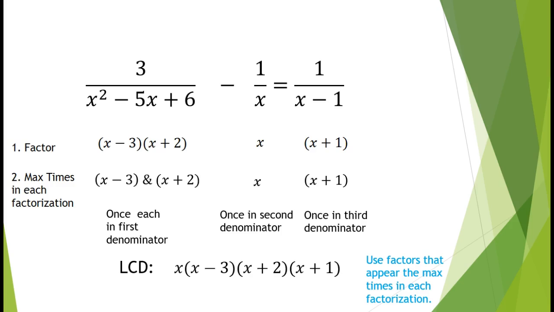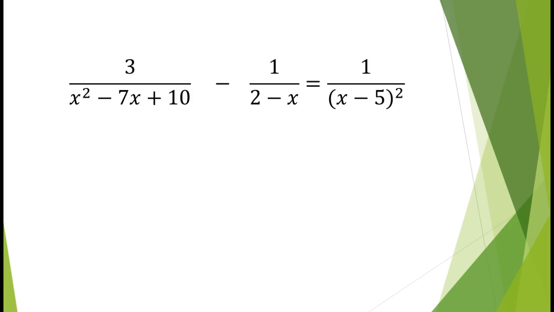But what if a factor appears more than once in the denominator? Well, let's take a look at this example. When we factor, in our first expression, the factors are x minus 2 and x minus 5. The second expression I want you to pay particular attention to. We need to factor -1 out anytime our leading variable is negative.